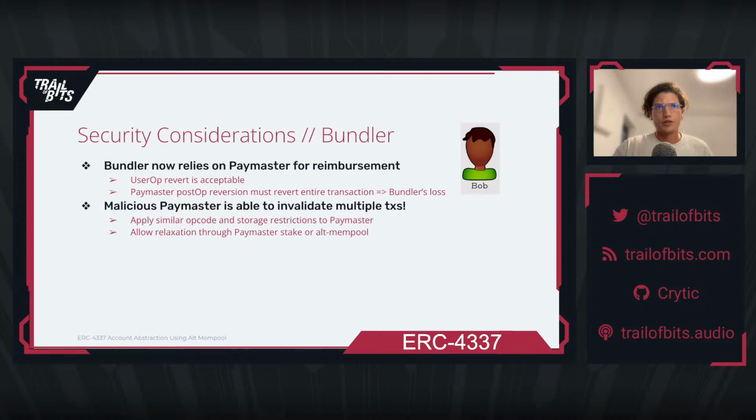As I mentioned, relaxation through a stake or alternative mempools. But this also shows that we have a need for a paymaster reputation system. If there is a malicious paymaster, then Bob doesn't want to constantly send invalid or reverting transactions using the same paymaster. That's why there is this off-chain paymaster reputation system, which is updated locally for Bob in his bundler software.